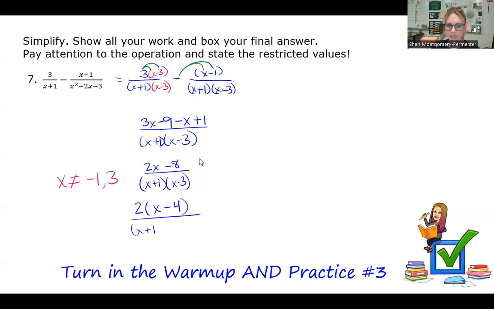Sometimes it sees the groupings automatically, and I see 2 and 8 and I automatically think 4. They're factor families. And there's nothing that I can reduce, and that's okay. Sometimes there is, sometimes there isn't. Sometimes things don't factor, sometimes they do.